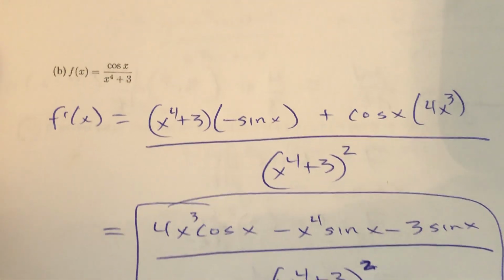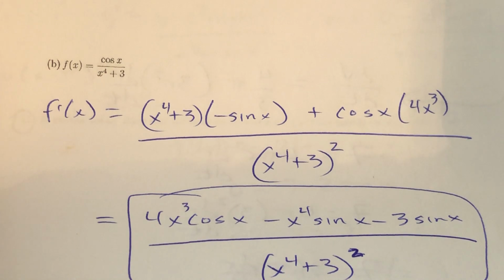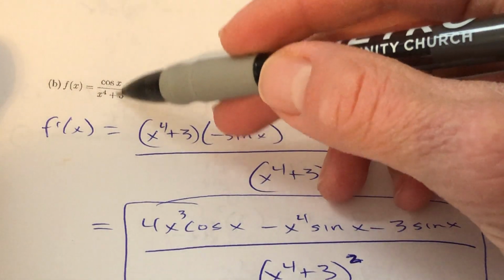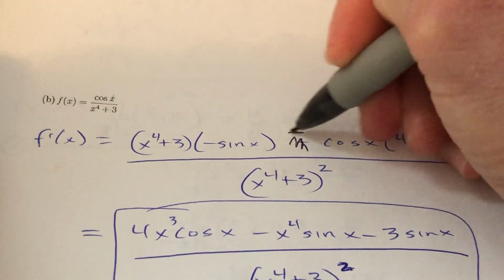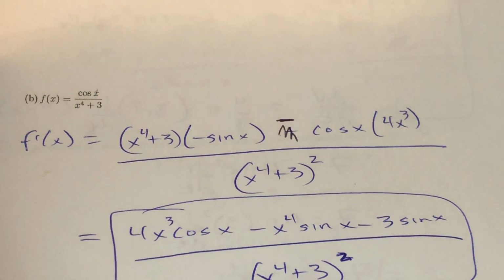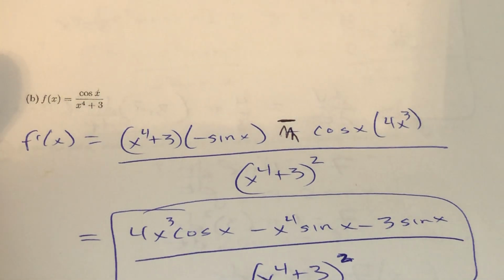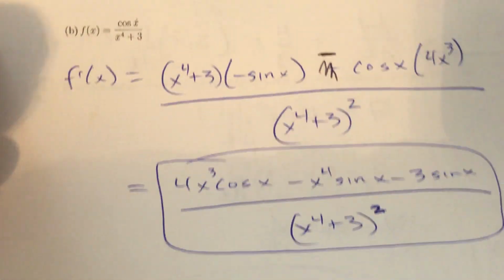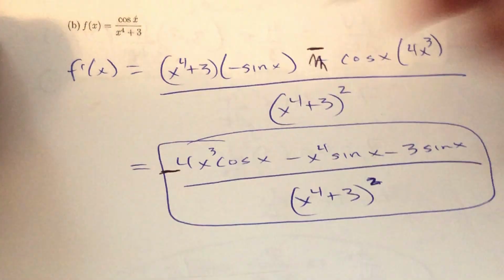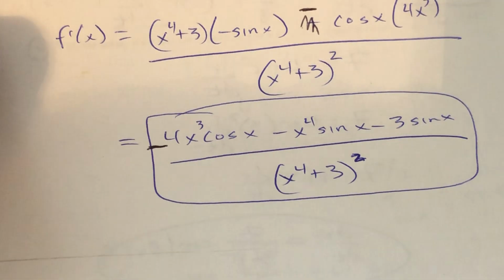Good old-fashioned quotient rule. Low d high, minus. Why in the world did I put plus? Minus. Goodness, seriously. Minus high d low. All right. The order doesn't really matter.